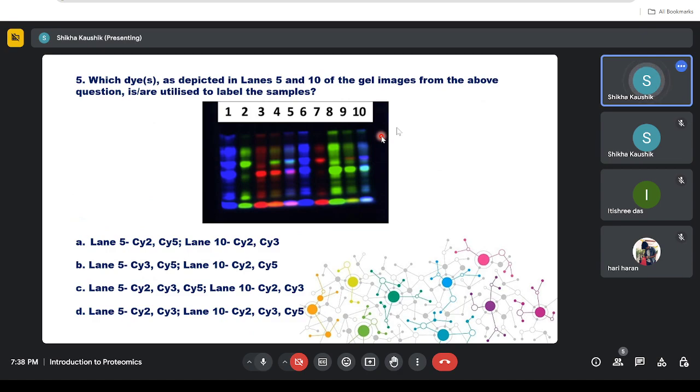Think and answer. I think it's very easy. If you know the fluorescence, if you know their emission, their fluorescent color, then you know.